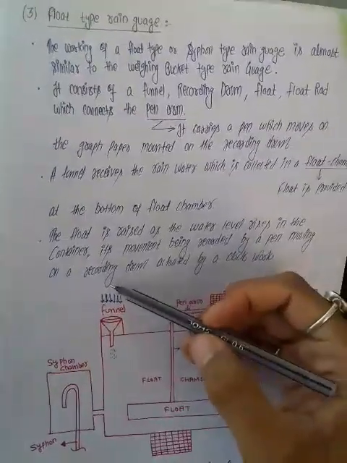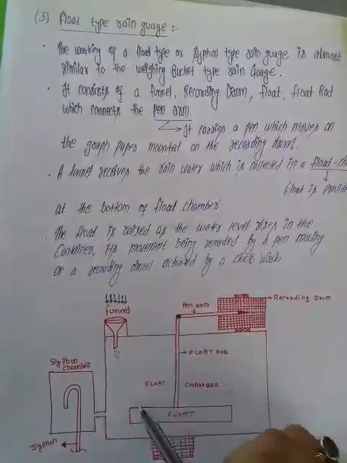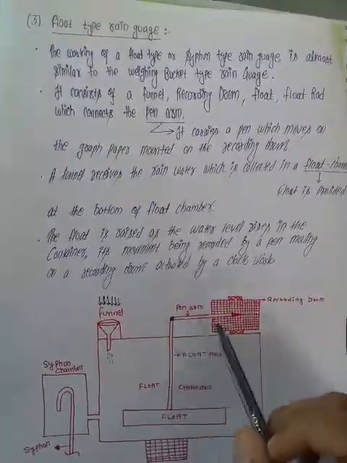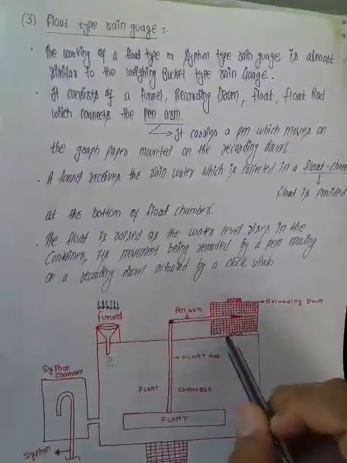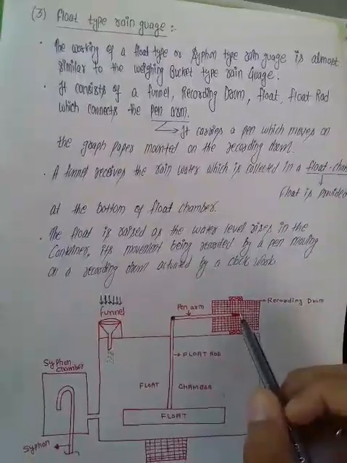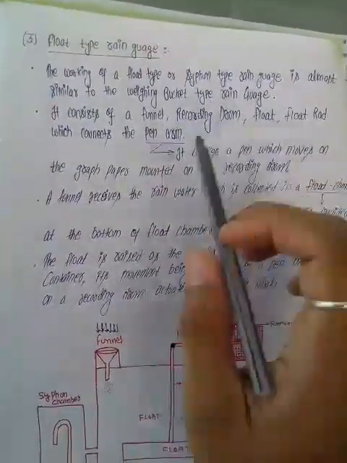When the rainfall starts falling into the funnel, the float chamber fills, by which the float rod also moves, which is attached to the pen arm, and the drum is rotated by the clock driven mechanism, similar to the weighing bucket type of rain gauge.